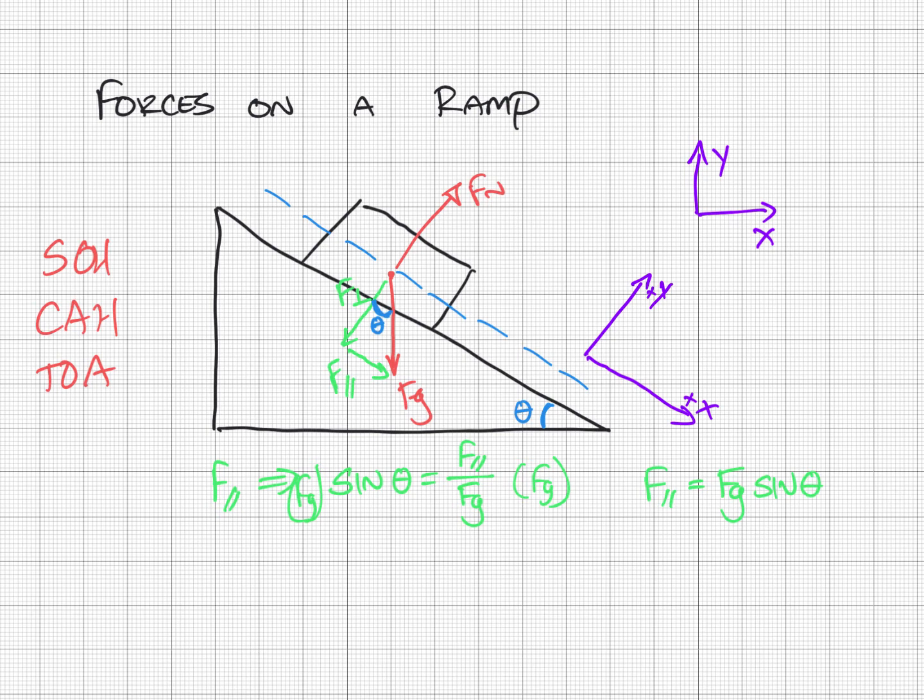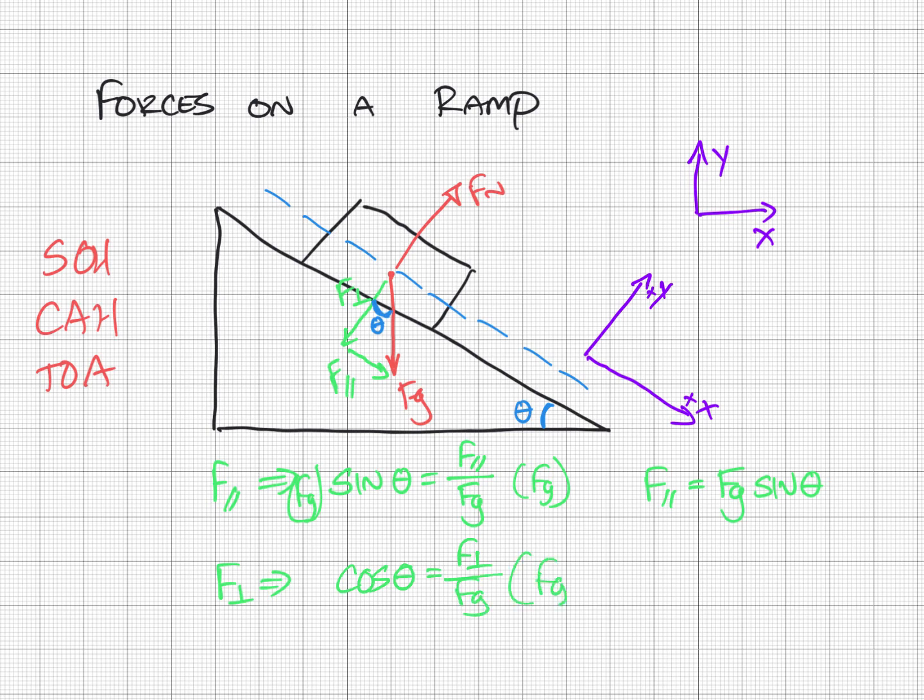Doing the same thing now for my perpendicular force. Because the perpendicular is the adjacent side, I'm going to use cosine in this case. So the cosine of theta is going to equal my perpendicular force divided by my force of gravity.